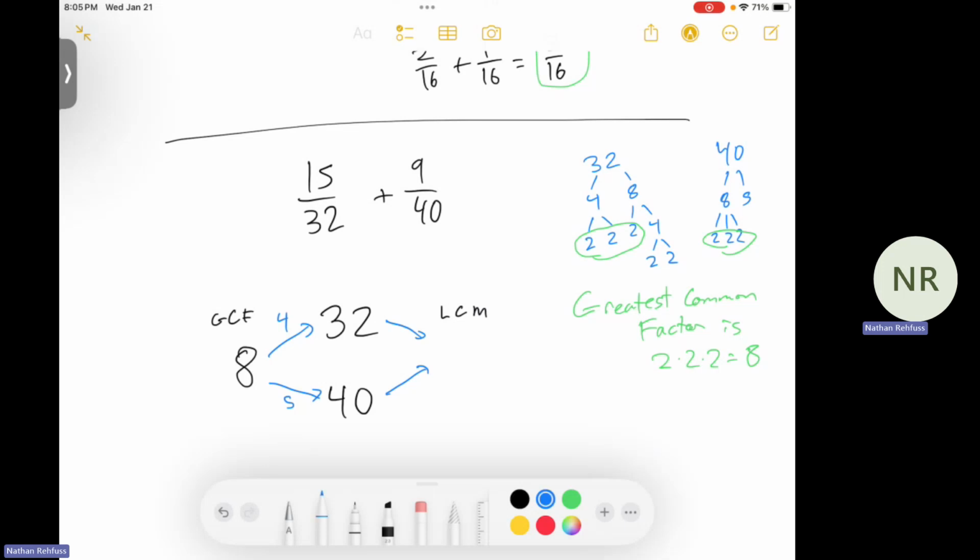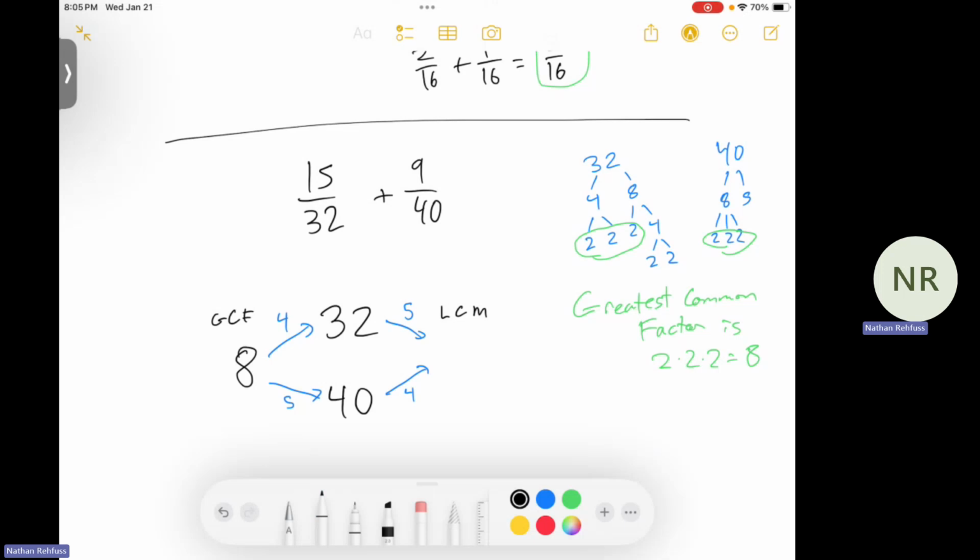I know that I have to be able to get there with the top set of arrows or the bottom set of arrows. So let's make both arrows worth the same. If the top has a 4 and we put a 5, together that's 20. If the bottom has a 5 and then we put a 4, together that's multiplying by 20. 4 times 40 has to be the same as 5 times 32, because both are 8 times 20.